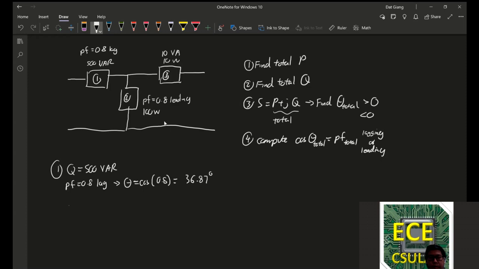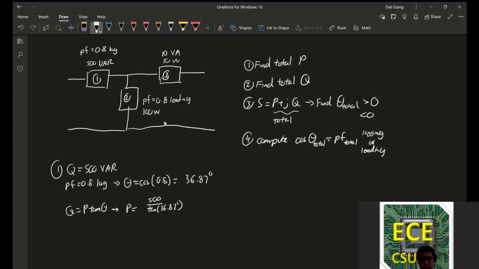Now, the relationship Q divided by P was equal to tangent. So therefore Q was equal to P tangent of theta, in this case of this angle. So P is equal to 500 divided by tangent of 36.87 degrees.